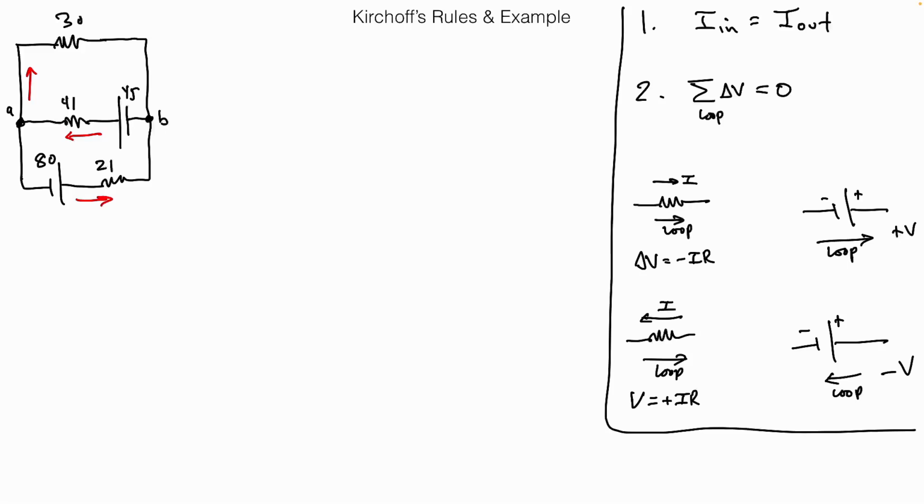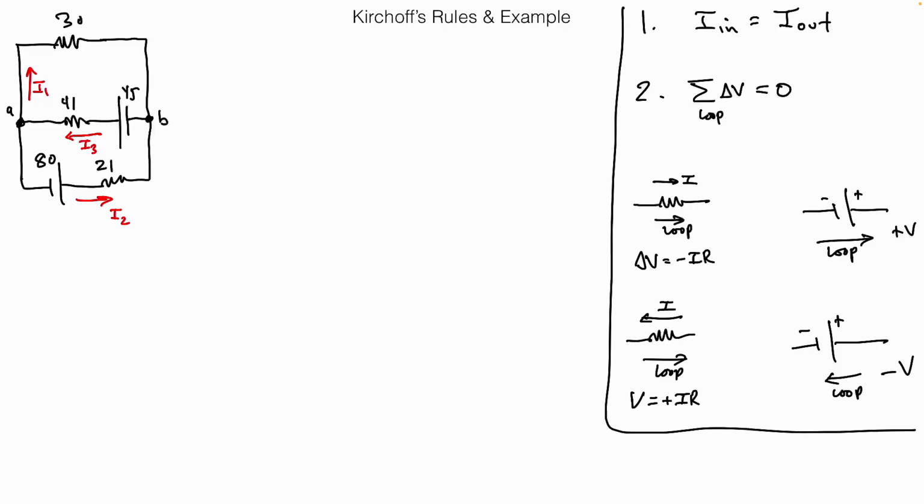And now we need to label them. I'm just going to label them I1, I2, and I3. Again, it really doesn't matter which order you pick these in. What matters is that you give them a label and a direction, and the direction is your choice. Personally, it just helps my brain.